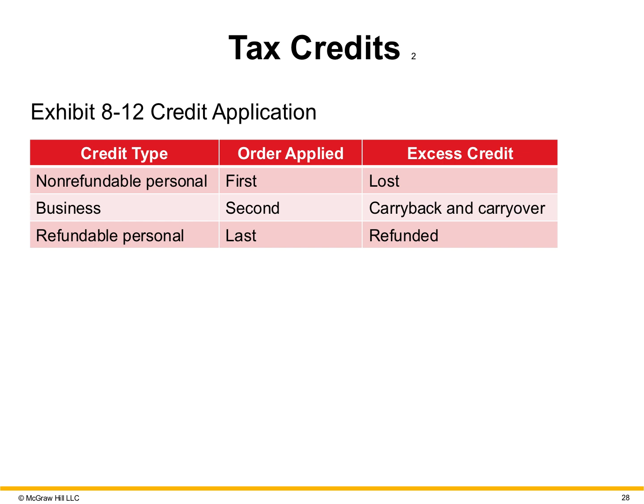And so the reason why non-refundable personal and business go first, in that order, is because those credits can reduce a taxpayer's gross tax to zero, but it can't go below zero. So that's why those are applied sequentially first.